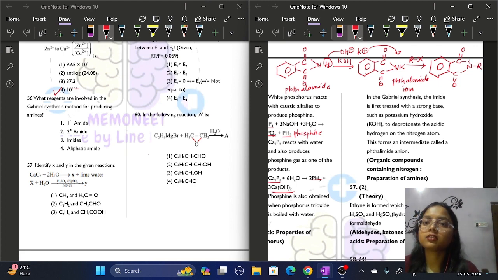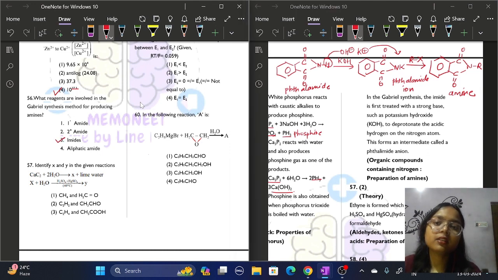Okay, this bond will be like this. So this is an amine. So this is the Gabriel phthalimide synthesis reaction. So what will be the reagents? It will be imide. Okay, because it is phthalimide. Phthalimide is a type of imide.